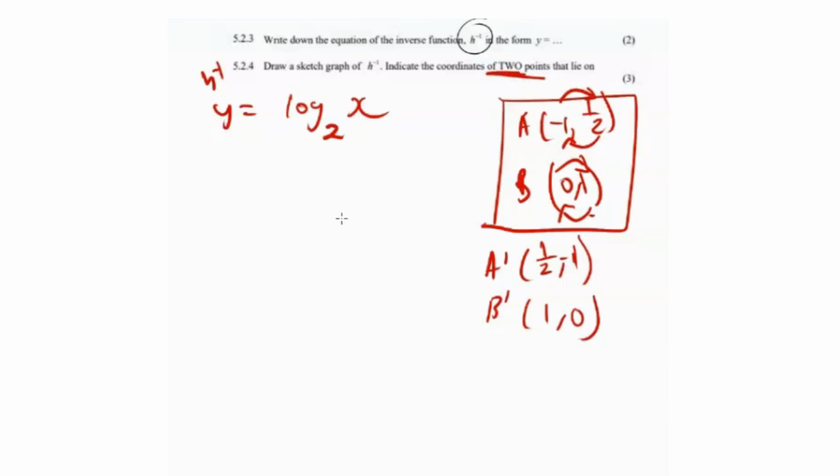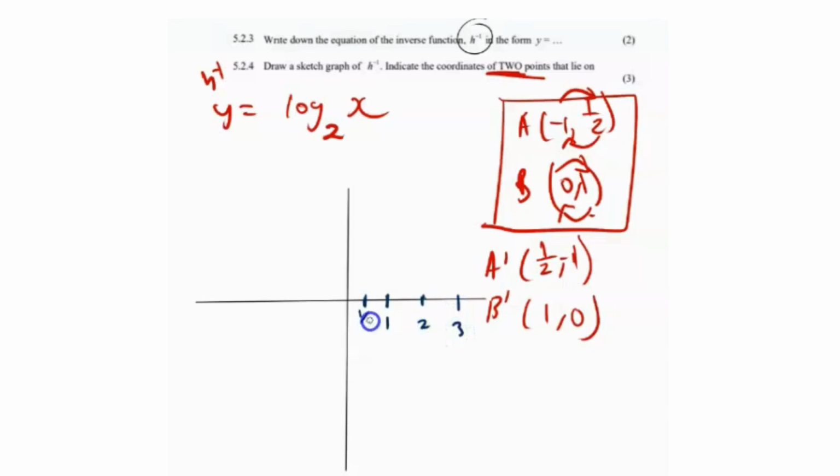Let me change the color to blue. Since this is an inverse, it's minus half and 1. Okay, so let's say this is 1, this is 2, and this is 3.